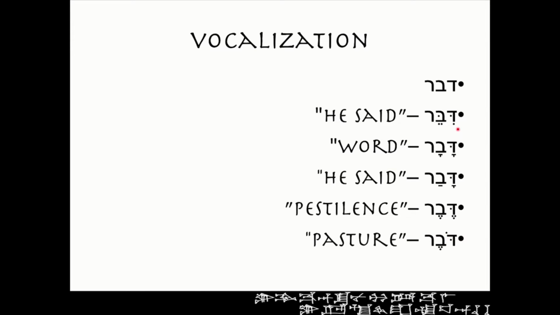So you can see, based on the variation in the vowel pointing, this can mean very different words. I want to bring home the point, no pun intended, that these vowel points can change the meaning of the word. And so by adding these points, it made it clear to the reader what was being intended by the text.